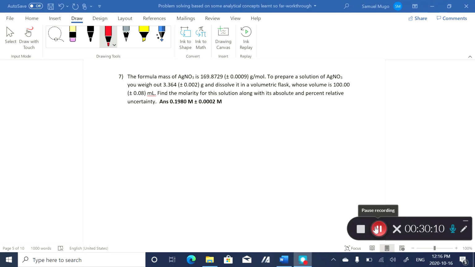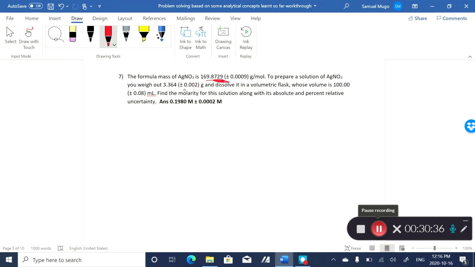Remember when we did some work on uncertainty, so this one asks you about uncertainty and error propagation. You've been given the molecular weight of silver nitrate as such, and you've been asked to prepare a solution of silver nitrate.